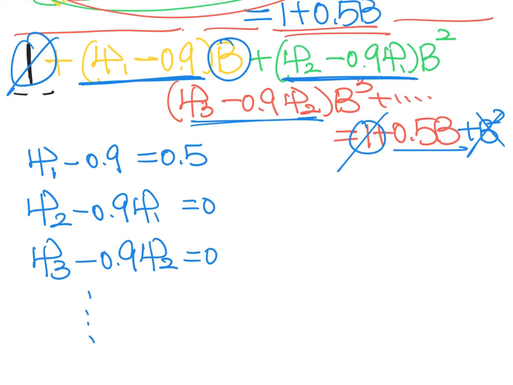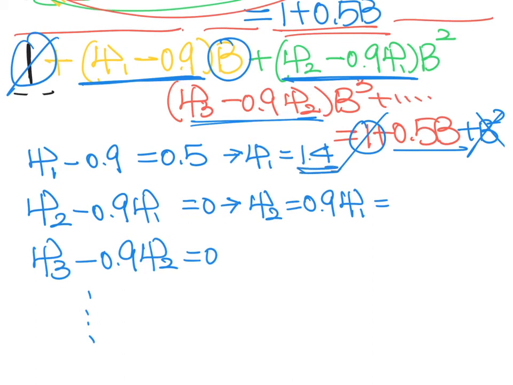And so on. So from here, I can say the big phi 1 is 1.4. And now here, big phi 2 must be 0.9 times the big phi 1. But how much was the big phi 1? It was 1.4.